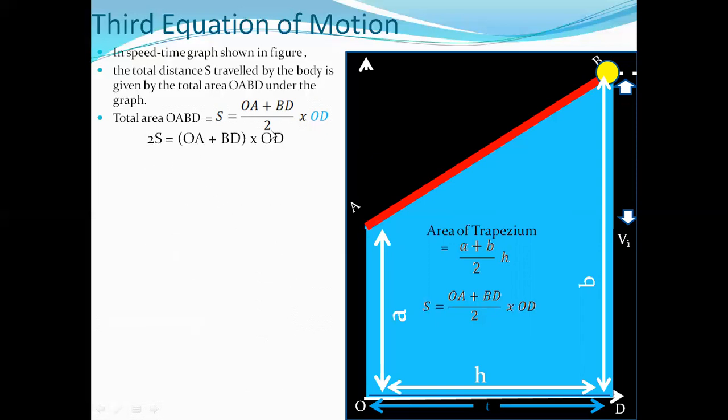The same thing can be written as, when we take the 2 to the other side, 2S is equal to (OA plus BD) into OD.